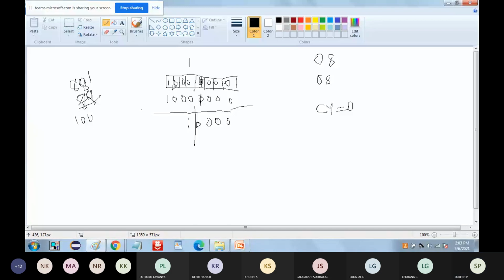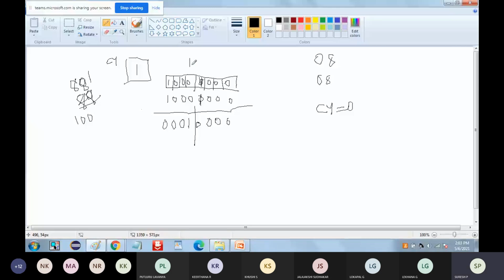Now, if we take 88 plus 88, what will happen? It is 0, it is 0, now here it is 0 and it is 1. Your carry is 1 now. So if the carry is generated from the 8th bit, then your carry flag will be set to 1. Please note it down. General statement I am making: if the carry is generated from the MSB.